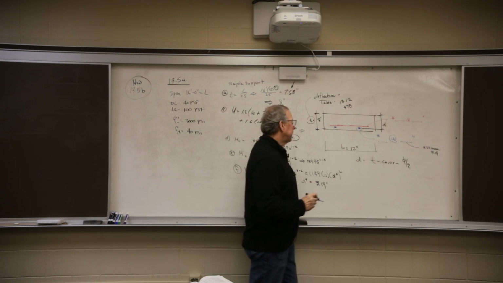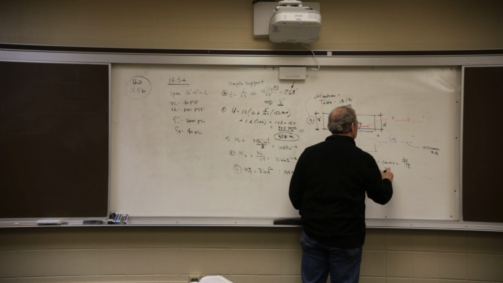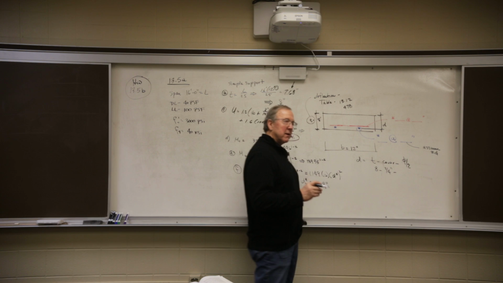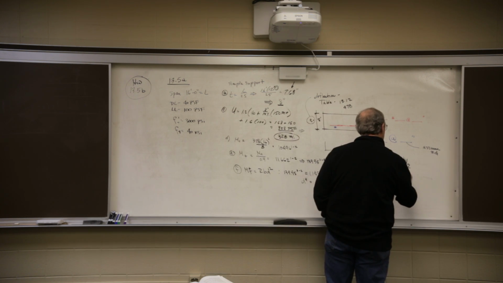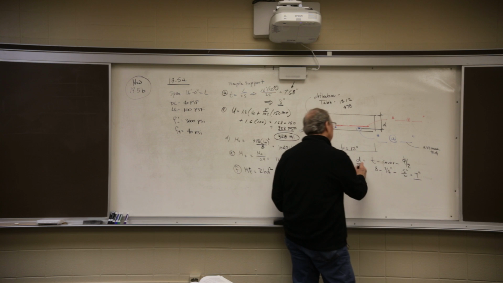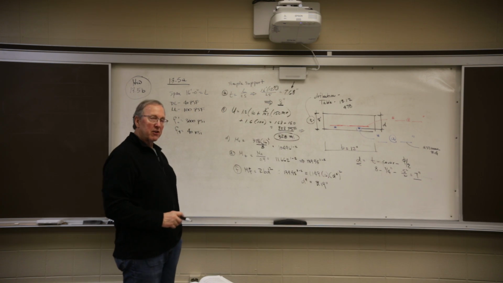So if I do this, I've got T is 8 inches, cover is 3/4 of an inch, and a number 4 bar is a 1/2 inch, and 1/2 of a 1/2 is 1/4. So D for deflection is 7 inches.